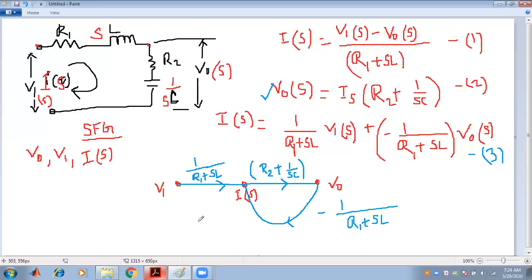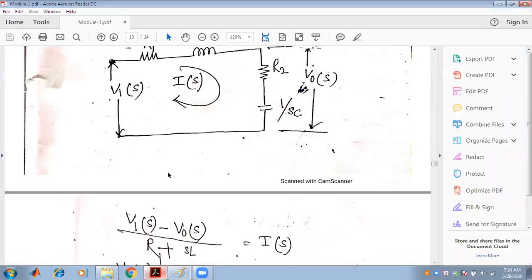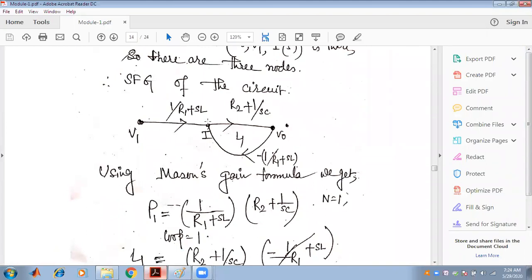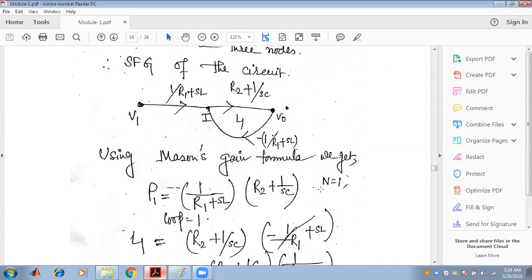So let us concentrate on the graph, and see what the forward path is. There is only one forward path. The gain of the forward path is 1 by R1 plus SL into R2 by SC. N is 1. So what is the loop?